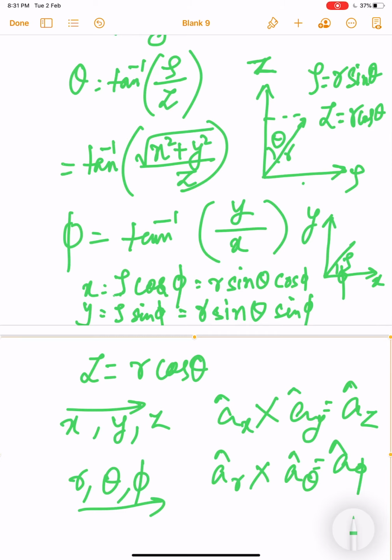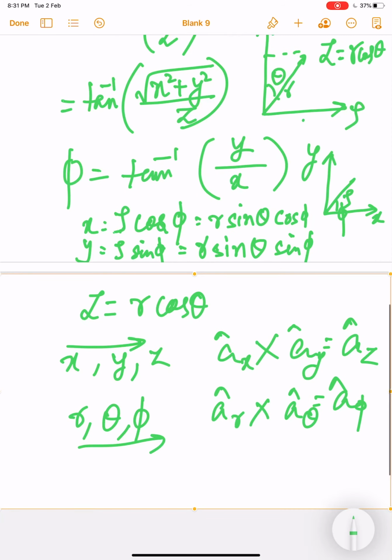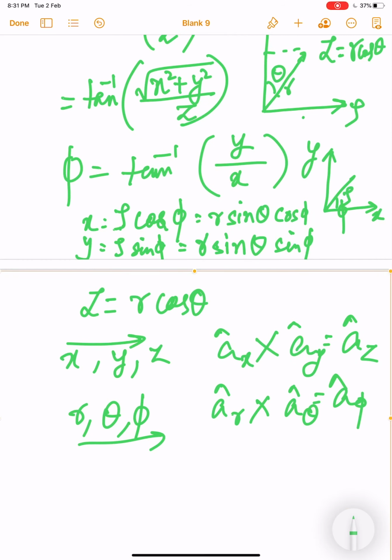Okay, then next, what else do you want to take out? Well, we have to take out the relation between a vector defined in Cartesian coordinates and a vector defined in spherical coordinates, and that we'll see in our next class.